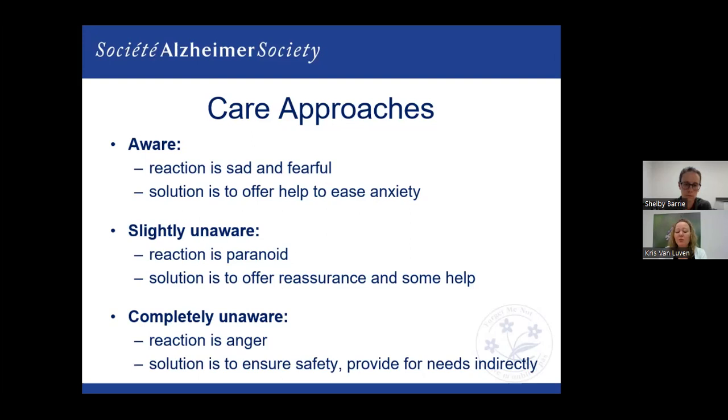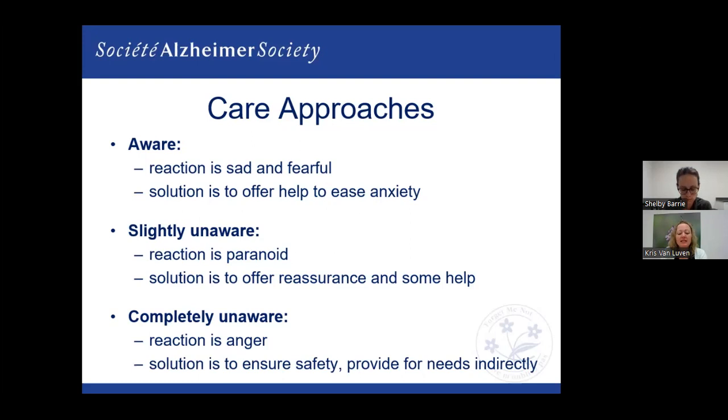So for the person who's aware, their reaction might be sad or tearful. And our solution as a care partner is to offer help or assistance as needed and to provide reassurance to help to decrease the person's anxiety.